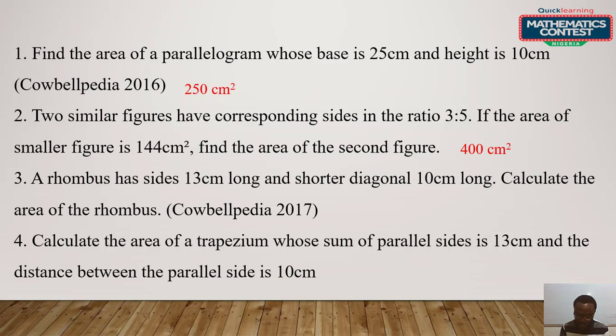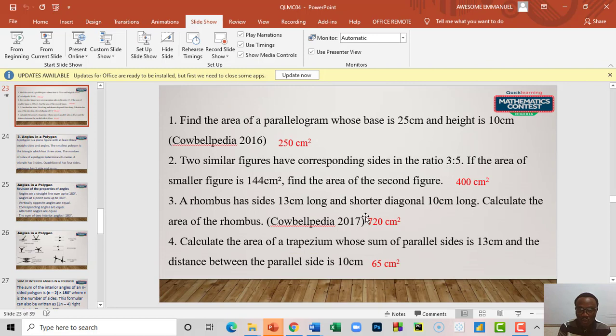The longer diagonal is 12 plus 12, which is 24. From the formula, the area of a rhombus is half times diagonal 1, which is 10, times diagonal 2, which is 24. Half of 24 is 12, and 12 times 10 is 120. Sorry, not 720, 120.